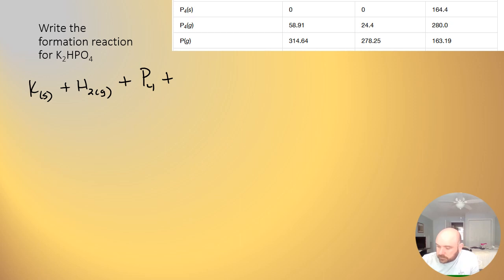Plus oxygen: the standard state, if you go and find oxygen, is O2 gas. So each of those things would add up to form K2HPO4 in the formation reaction. And then of course you would need to balance everything to have the right amount.